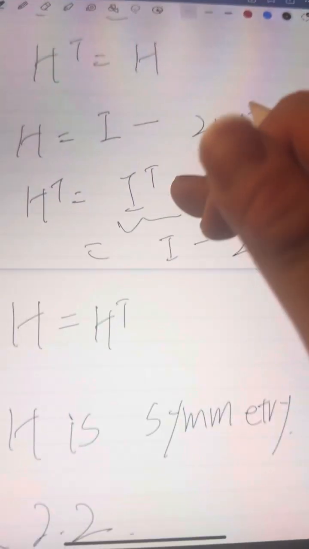So from the last question, we know that H transpose is just itself.